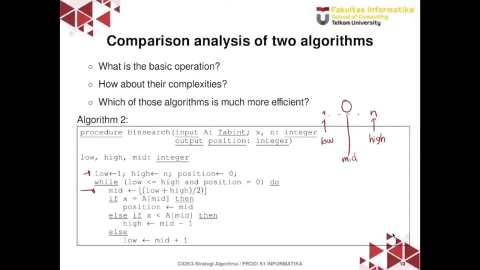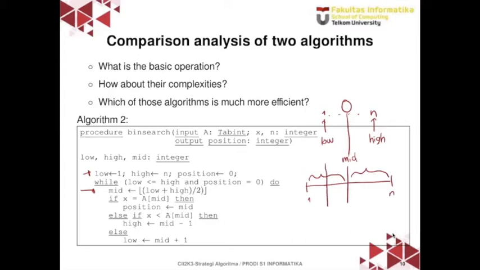If x is less than a mid, then we will check this part, or otherwise we will check this part. So basically, first we have this size of the list, but after we have mid, in the worst case, we still need to check half the size of the previous list.